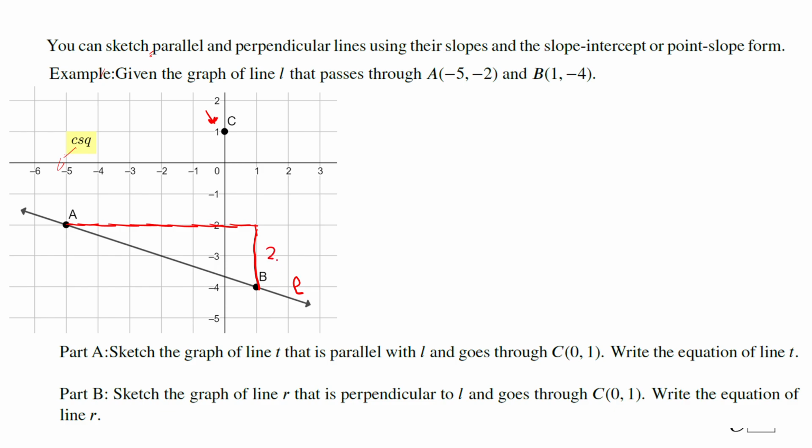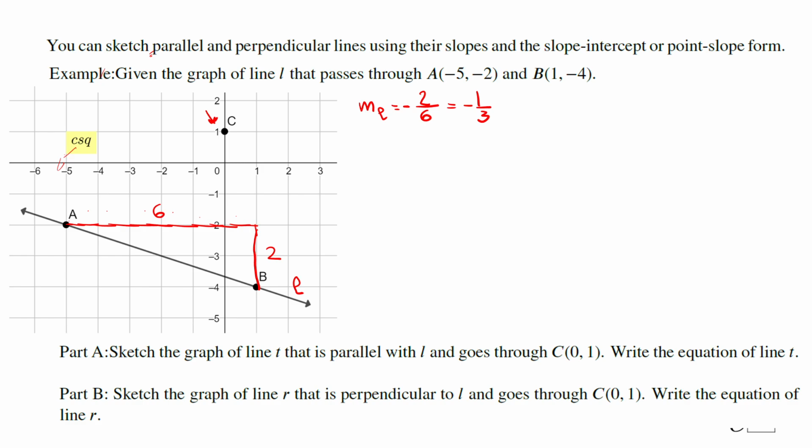This is a rise of 2 and a run of 1, 2, 3, 4, 5, 6. So the slope of line L will be 2/6, rise over run. But don't forget, it goes down from left to right, so it's going to be negative. So it's going to be -1/3.